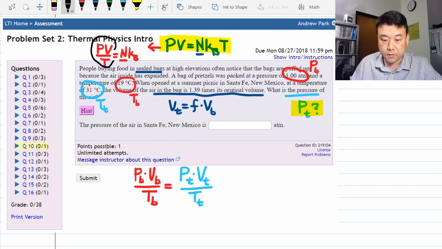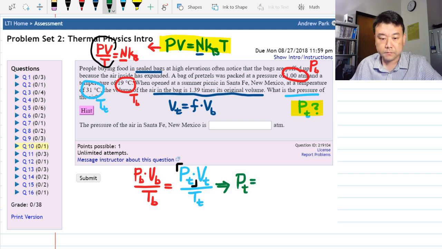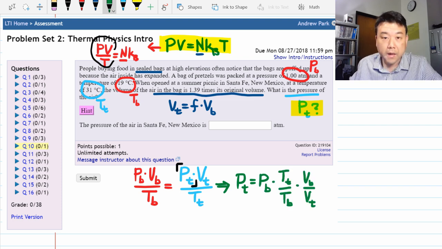Remember, you are being asked for pressure at the top. So I better solve for it. Solving for PT, I get PT is equal to, let me just do it in my head. All right, there it is. Well, I'm not that fast.